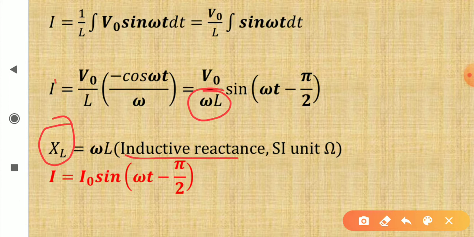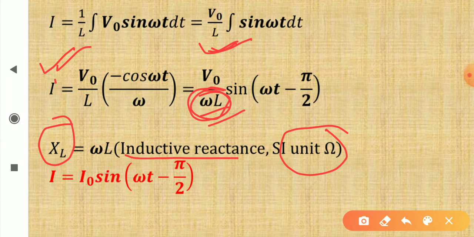If you look at its dimensions, the left side is current and the right side is voltage, so voltage upon resistance must come. So this omega L must have the dimensions of a resistance. Its SI unit should be ohm, right?